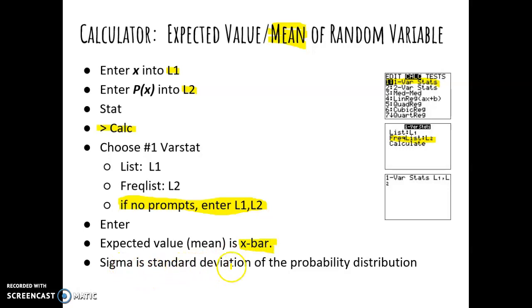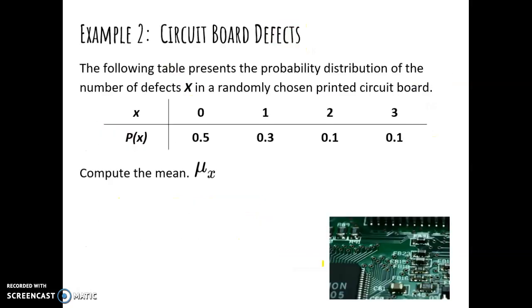Sigma is standard deviation of the probability distribution. So when you do this, you'll notice that there will be a sigma standard deviation, but there will not be an S standard deviation as you're used to. One of those will be blank. So the sigma would be the standard deviation.